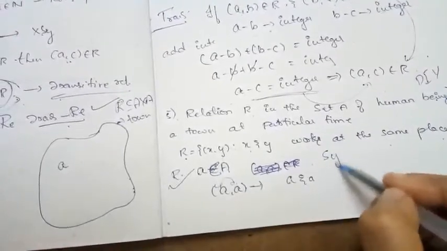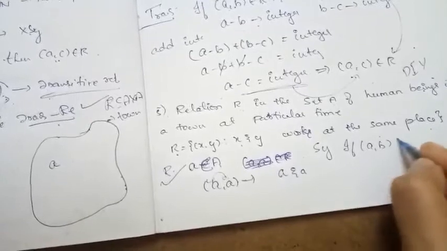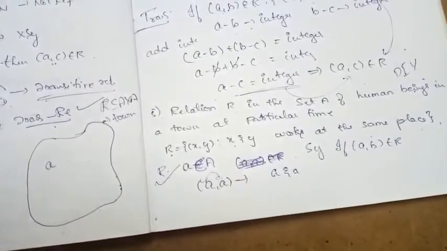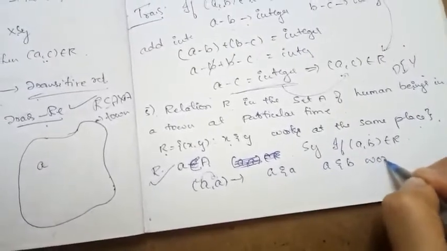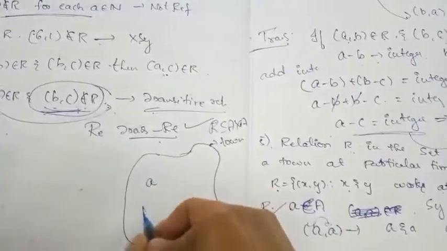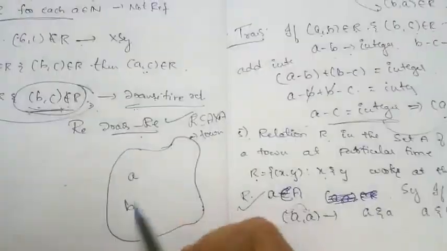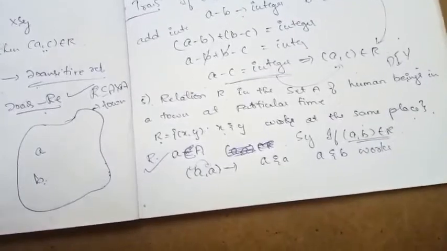Checking for the symmetry. If (a, b) belongs to R, what does that mean? a and b work at the same place. So this is the person a and this is the person b, and the persons a and b work at the same place. That is what (a, b) is saying.